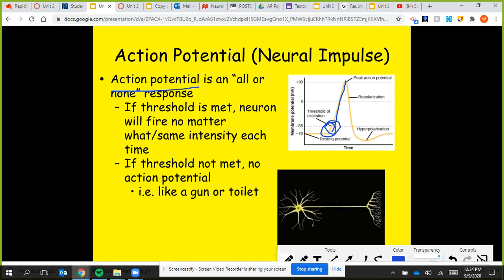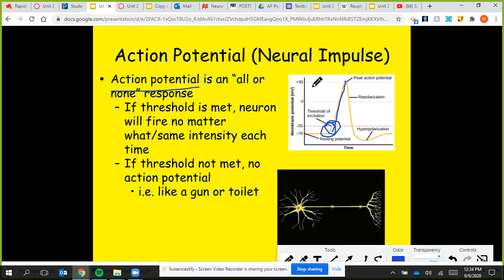The smell threshold would not be met for you to be able to smell something. It's actually called absolute threshold. Good question, Landon. All right. Any other questions here? We're almost done. We've got a little bit more.